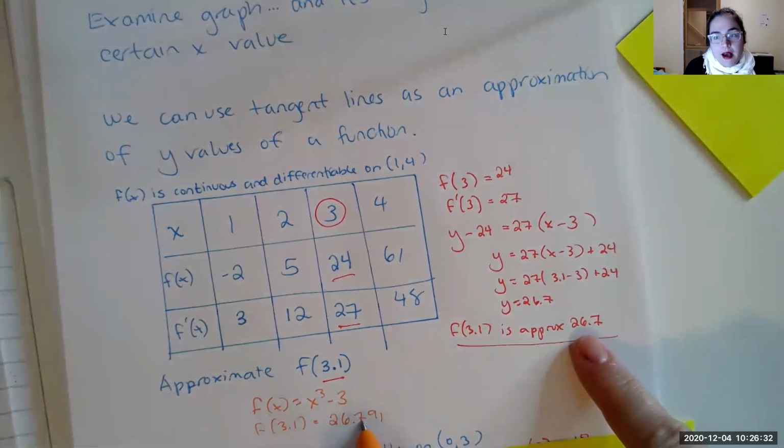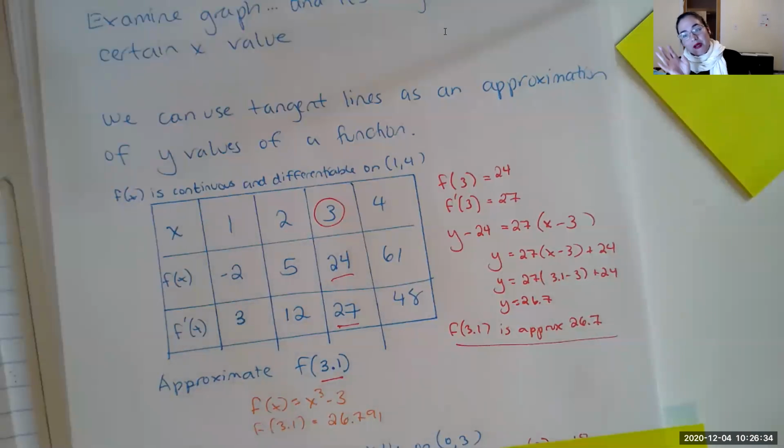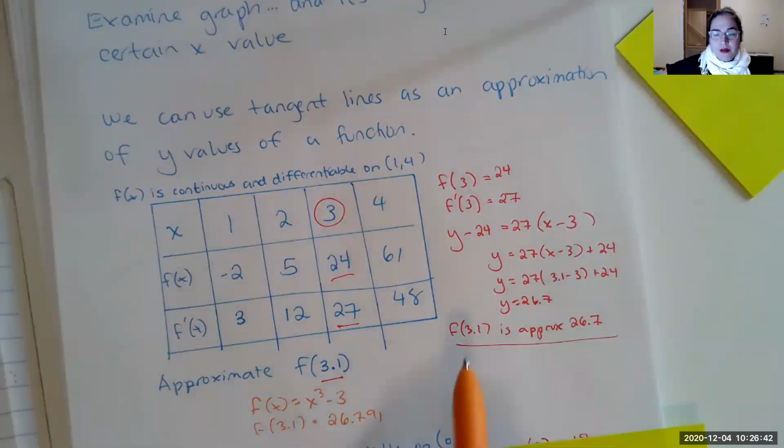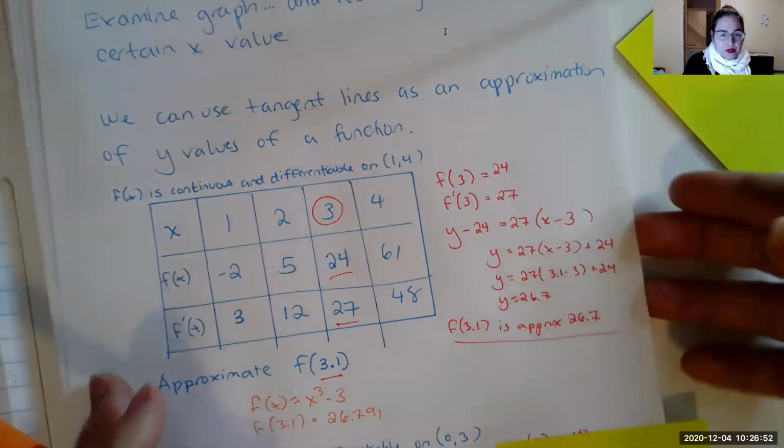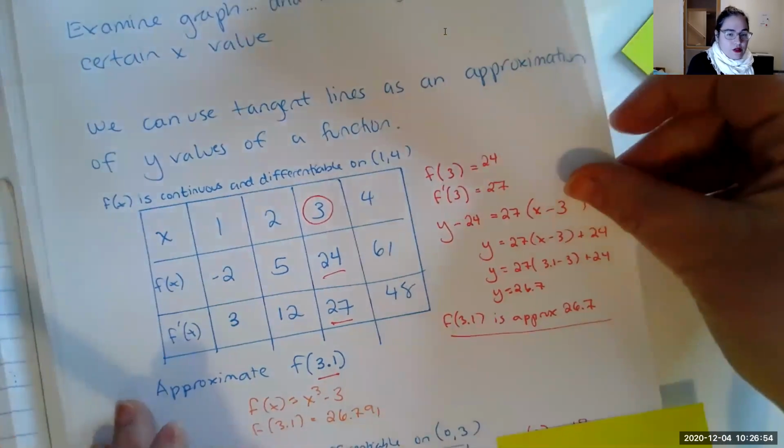Back in olden times, they used to use this a lot because they didn't have the technology to go back and do this. So people would often use the tangent line as an approximation when they couldn't have the original value of the function.